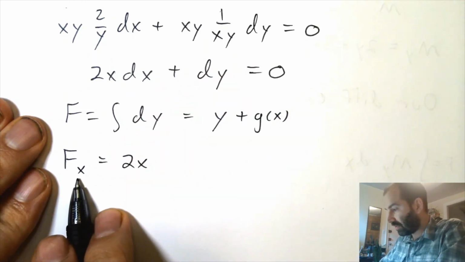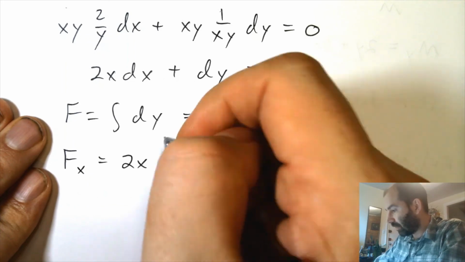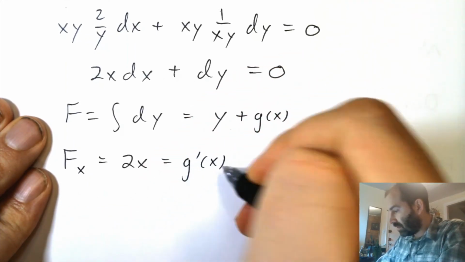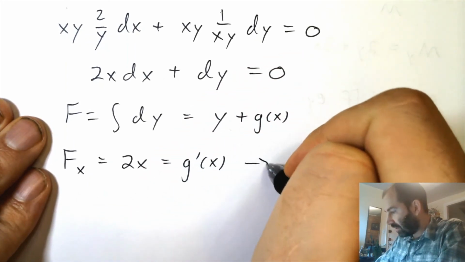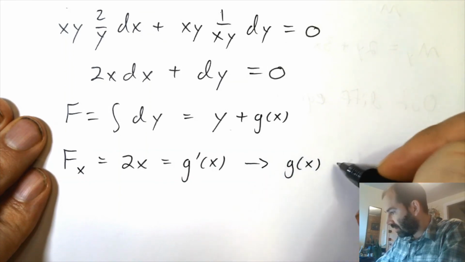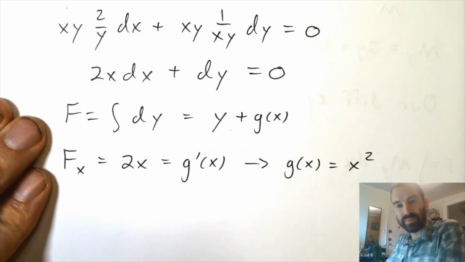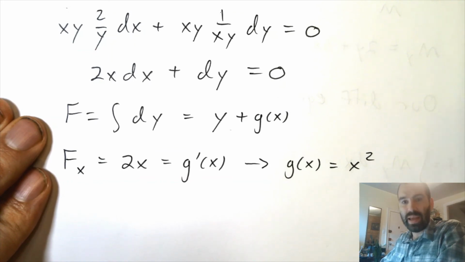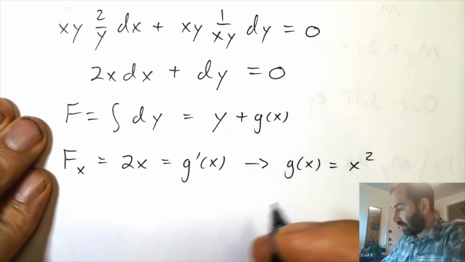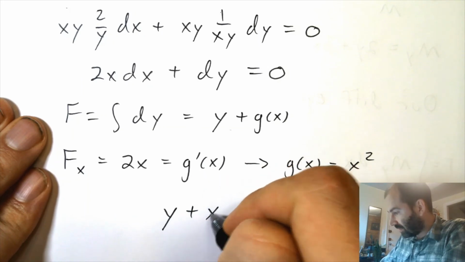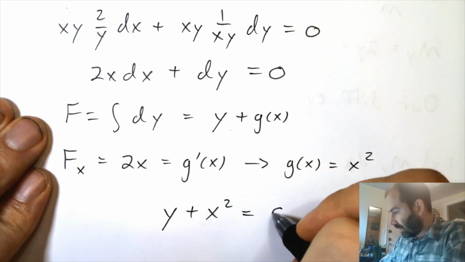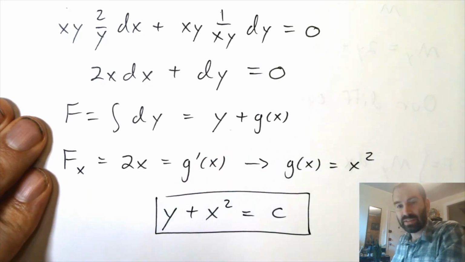Right? But when I differentiate this with respect to x, I get g prime of x. So that tells me that g of x must equal x squared. And again, I don't care about this constant. And so that's my function, right? My function is y plus x squared. And we set it equal to a constant, and that's our solution.